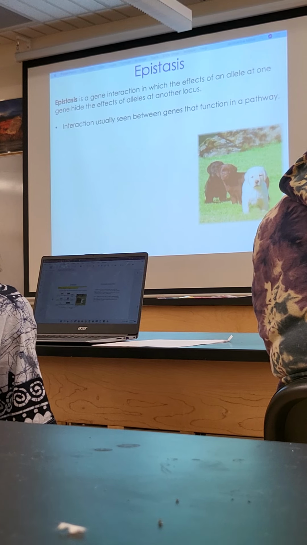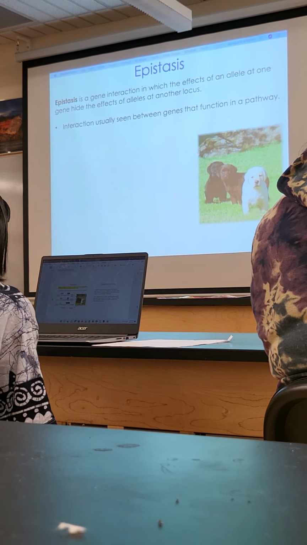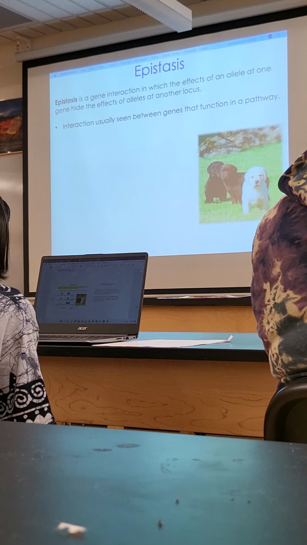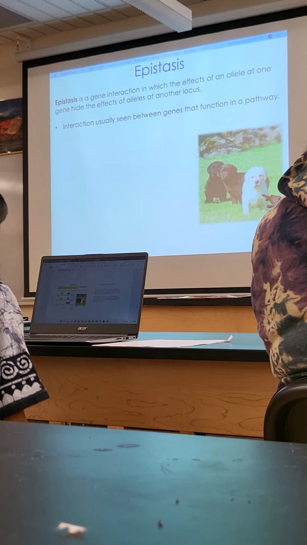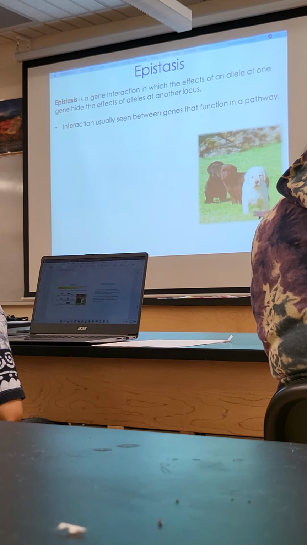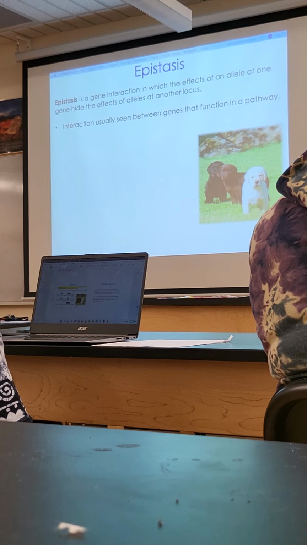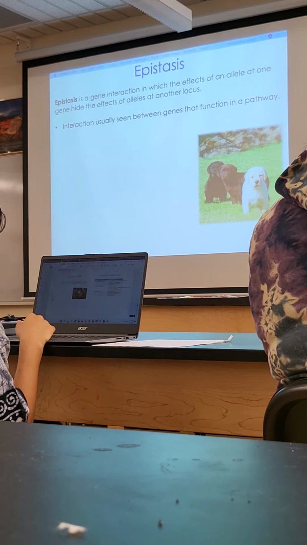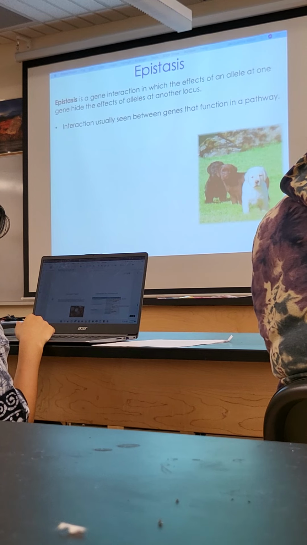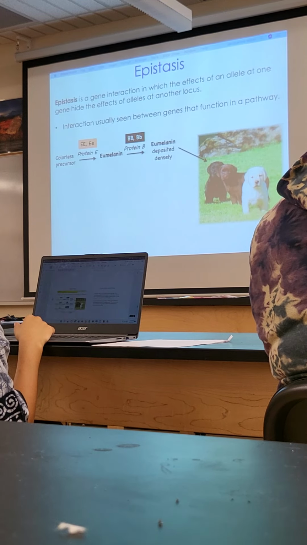The best example that I know of that's easy to understand is lab coat color. If you're familiar with labs, you know that you can get a black lab, a chocolate lab, or a yellow lab, right? And this is determined by the pigmentation genes that they have. There are two genes involved in the coloring here. One is called the E gene, and the other is called the B gene. So these are the two players in this pathway.